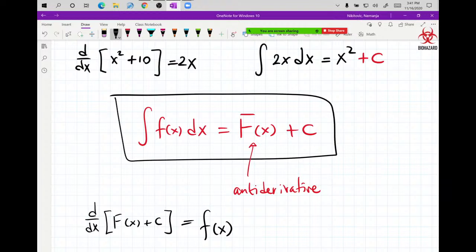Now, your Calc 3 is a repeat of Calc 1 in 3D. So yes, you are learning some new concepts, but a lot of stuff in Calc 3 will be an extension of Calc 1, which is why Calc 3 tends to be labeled as the easiest of all calcs, because you're technically recycling Calculus 1.